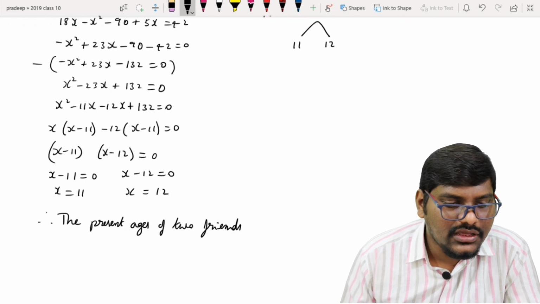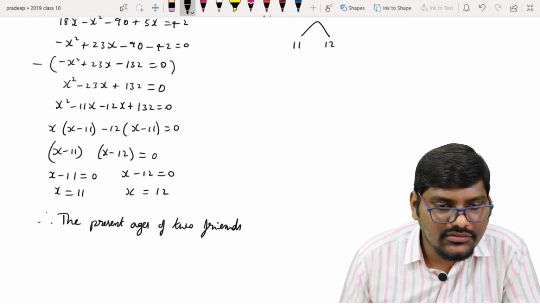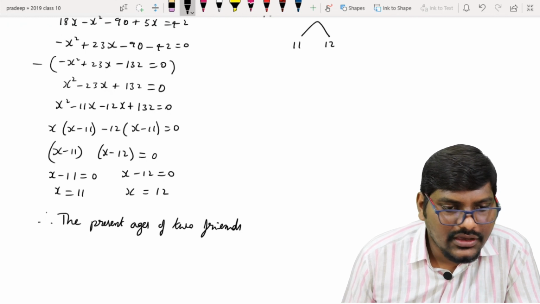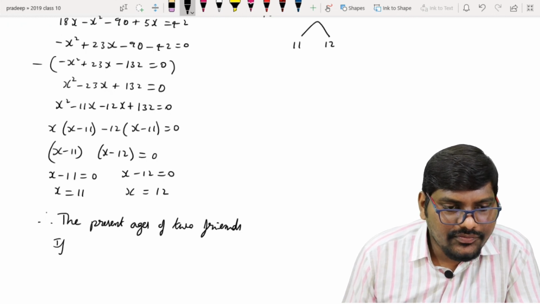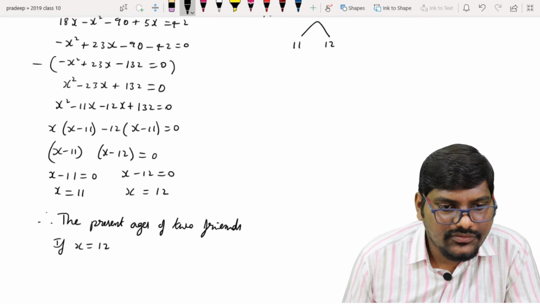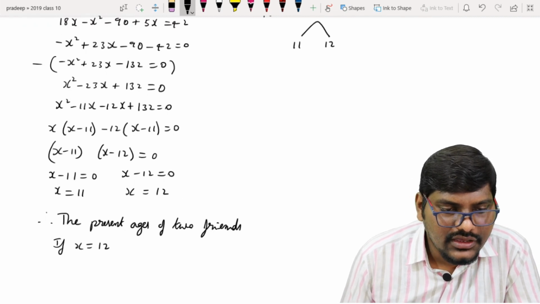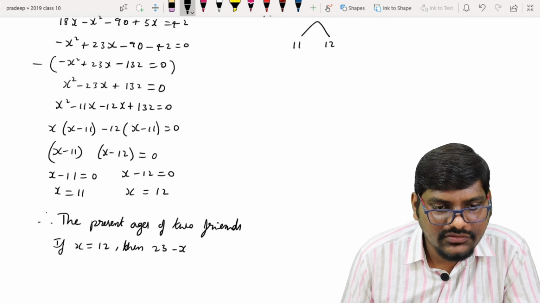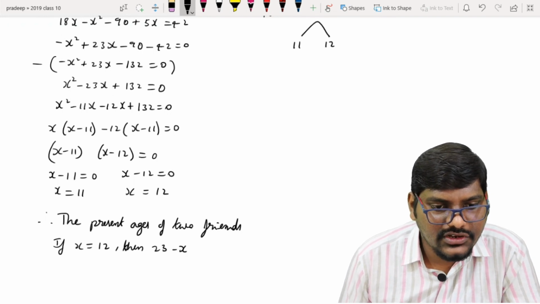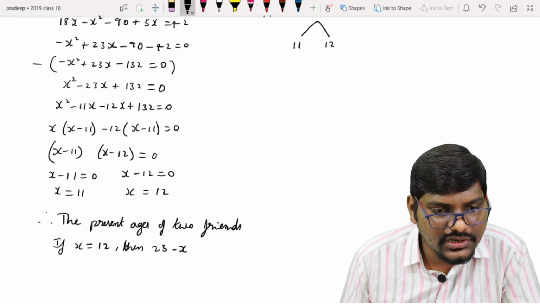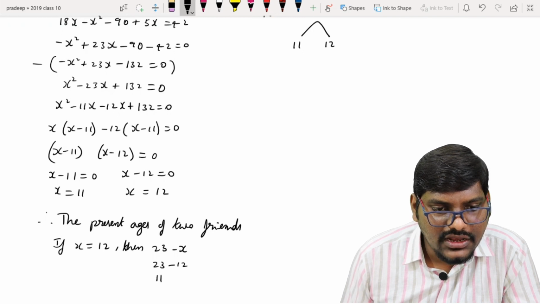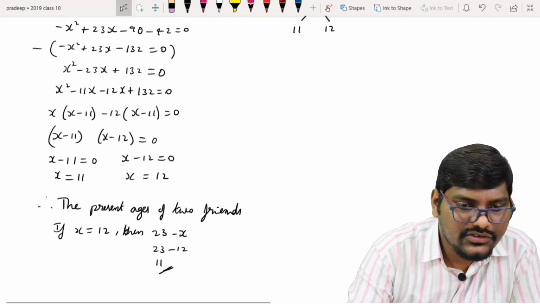If x equal to 12, then what we wrote in the condition above, that is 23 minus x, we wrote as one of the friends' age. In the place of x we can substitute 12, so that is nothing but we'll be getting the value as 11. So this is one of the friends' age.